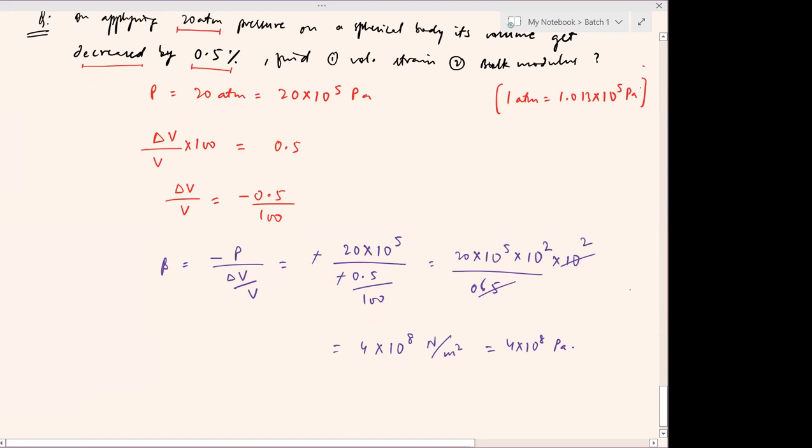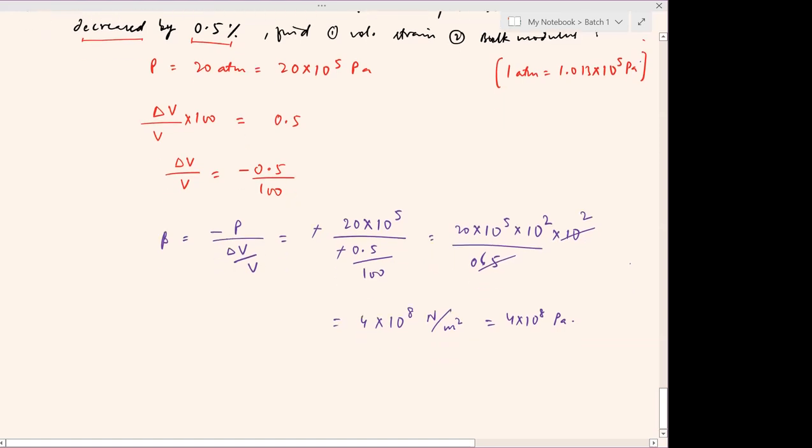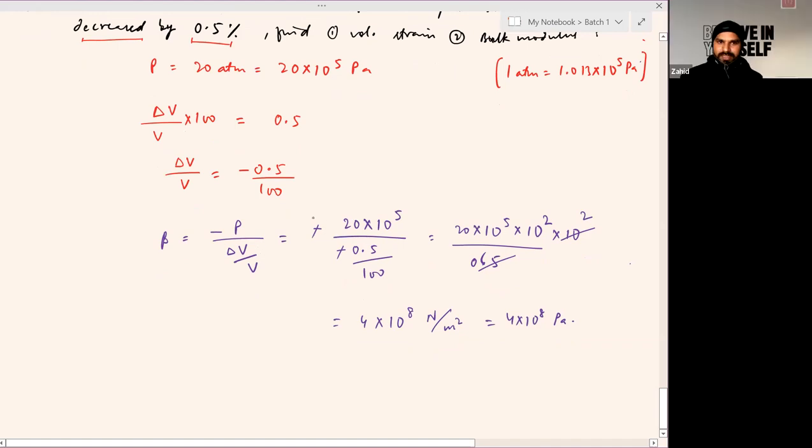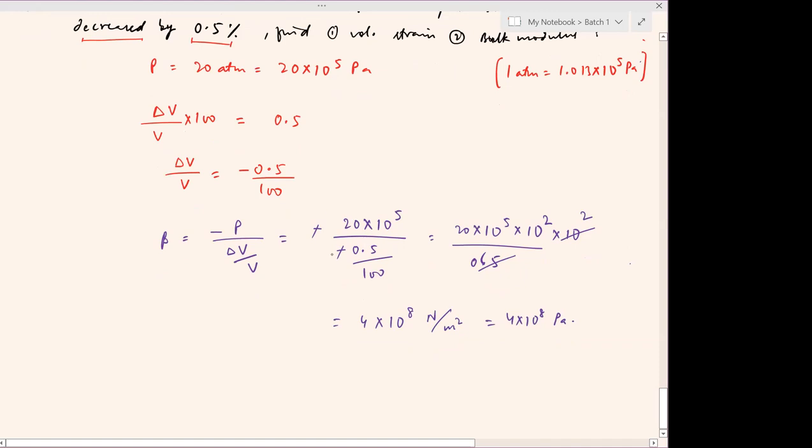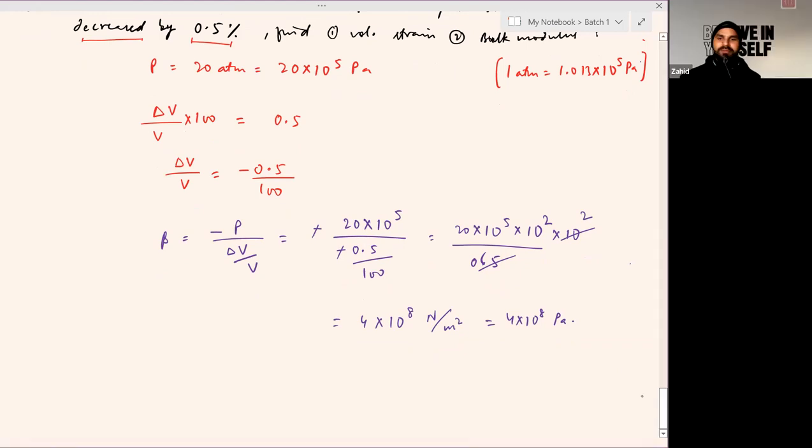There was just a negative sign. I gave minus 40 into 10 to the power 7. You just have to cancel out these two minus terms. Yes, actually I didn't take minus 20 into 10 to the power 5. That's why I got minus there. Okay, no problem.